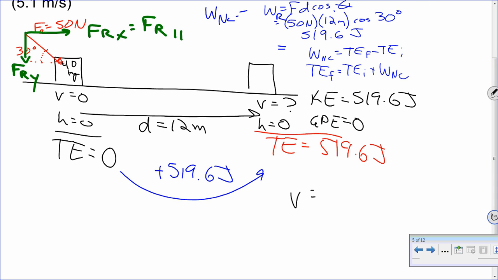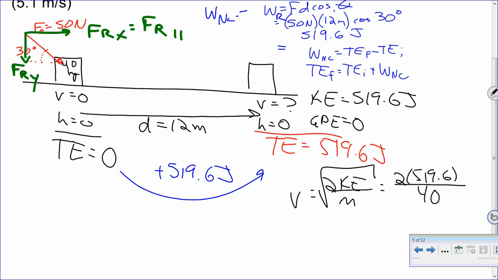V equals the square root of 2KE over M. Plug in your numbers. What's our mass? 40. Take your square root and you get, oh, the answer's on the sheet. Yeah, 5.1 meters per second.